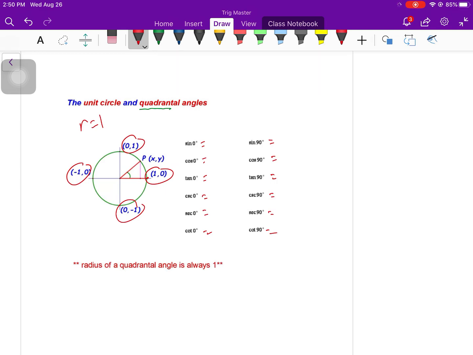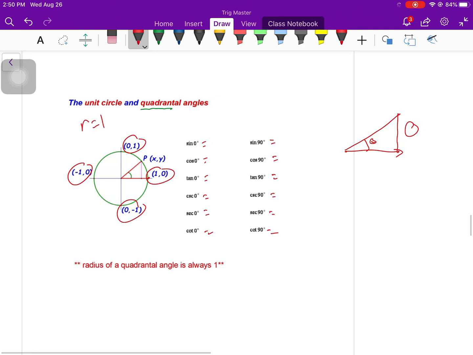All right? So sine of 0, if I try to draw sine of 0, a 0 degree angle is just going to look like this radius. Okay? I'm going to draw this as a triangle, but know that that's not actually going to be possible because I'm going up 0. So that's a 0 height. If I'm looking at sine of this, I have to go 0 over hypotenuse, which is 1. So sine of 0 degrees is 0 over 1, which is 0.